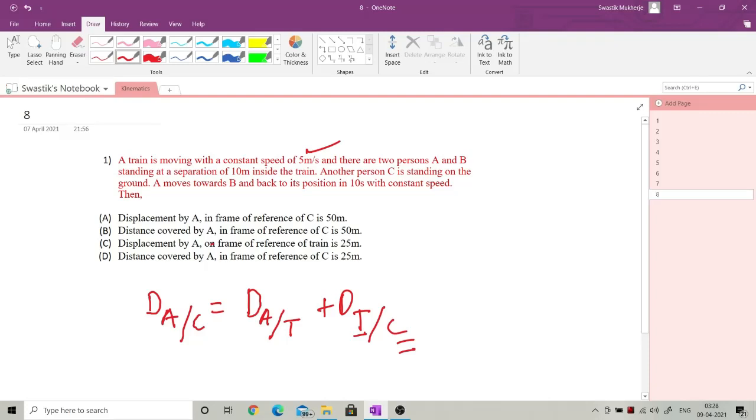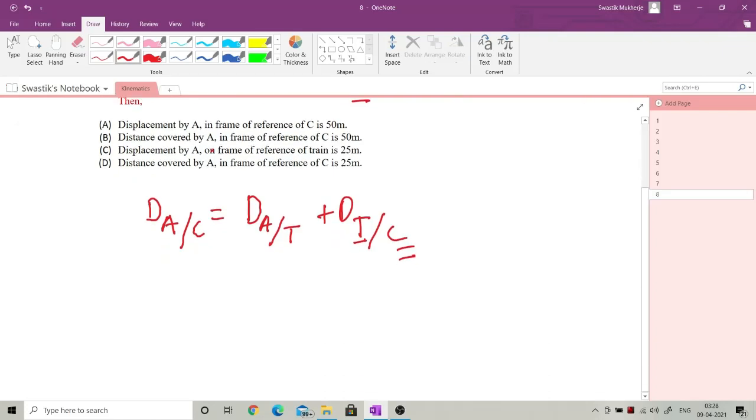Our concerned time is 10 seconds, so this is equal to 5 times 10, which equals 50.